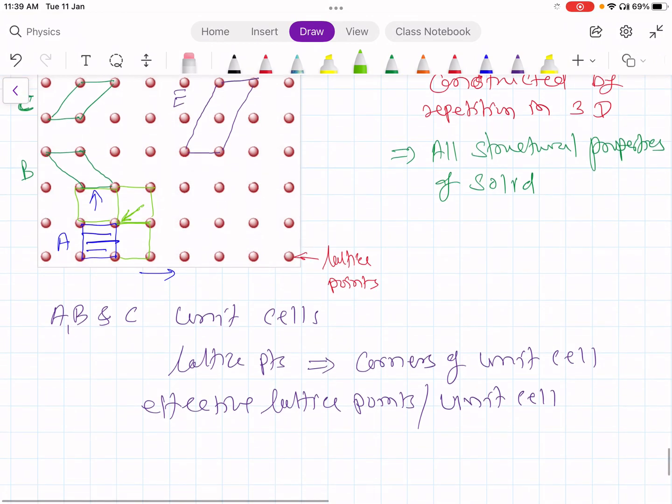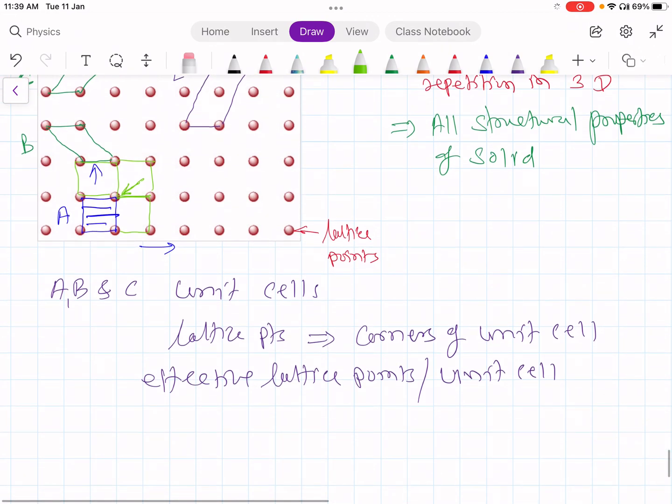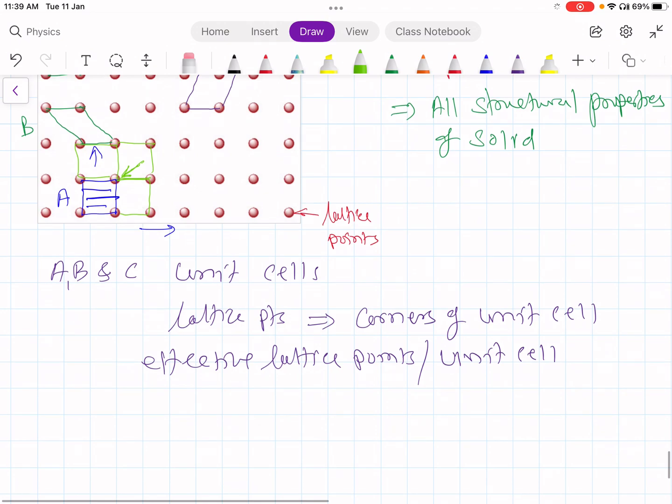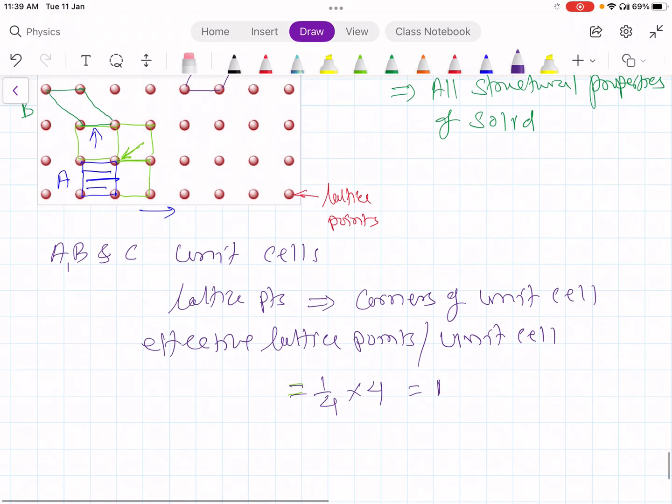For unit cells A, B, and C, there are 4 lattice points at the 4 corners, and each one is shared by 4. So its contribution to any unit cell is 1 by 4 into 4 corners, so 1 by 4 into 4 equals 1. If this is the case, then those unit cells are called primitive unit cells.